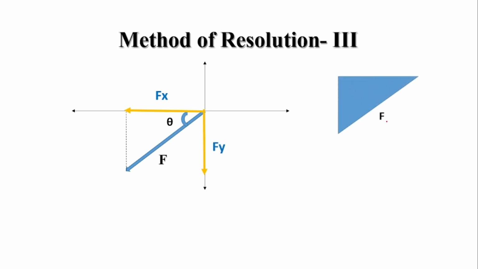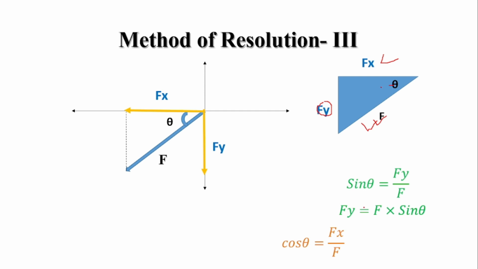Now the value of the hypotenuse is f, this is base fx, height fy, included angle theta. Now find out the sine theta. For sine theta, this is the opposite side and this is the hypotenuse, so it is fy divided by f. So fy is equal to f sine theta. For this angle, this is the adjacent side and this is the hypotenuse, so fx divided by f. So fx is equal to f cos theta.